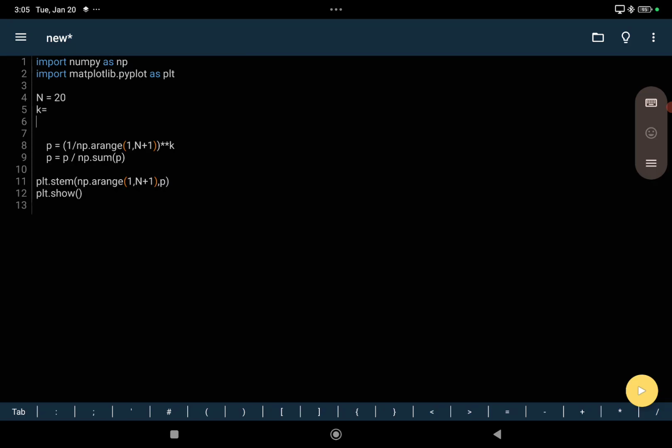I'm going to keep the alphabet size the same, but I'll keep increasing k from 0 to 2. k can also take non-integer values. That's not a problem. If k is very small, then it's very close to uniform. As k increases, it becomes farther and farther away from uniform. Whatever farther means, at least visually you can see that it's very different from the uniform distribution, as it is very sharp and peaked.